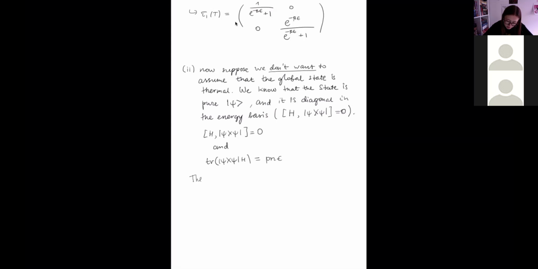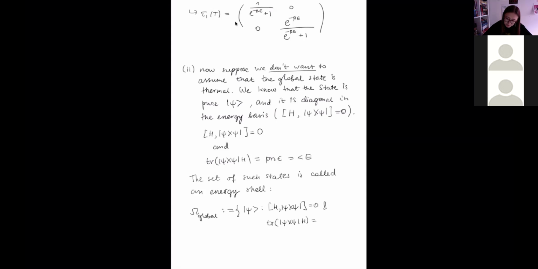So the set of such states for the given global energy is called an energy shell. So we denote the set of the states as omega global, and we define it as all states psi such that they're diagonal in an energy basis, and the energy is equal to the global energy which we were given in the beginning.